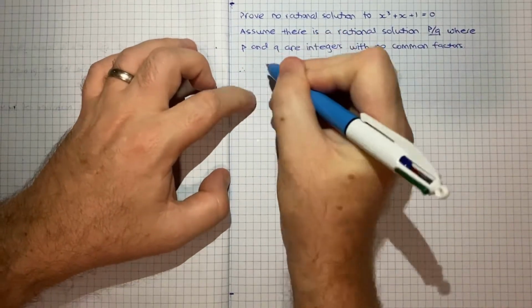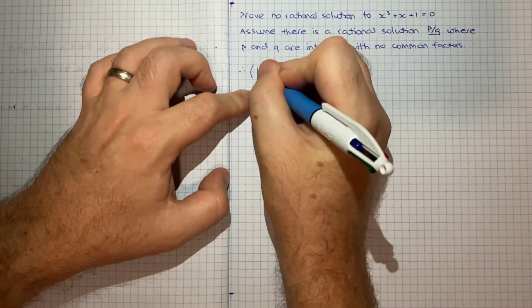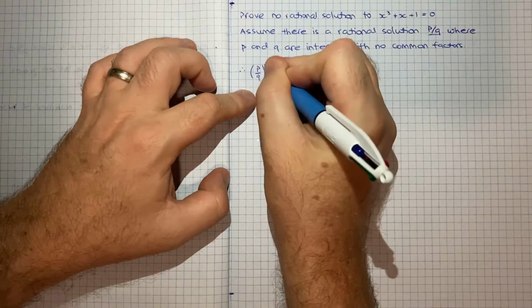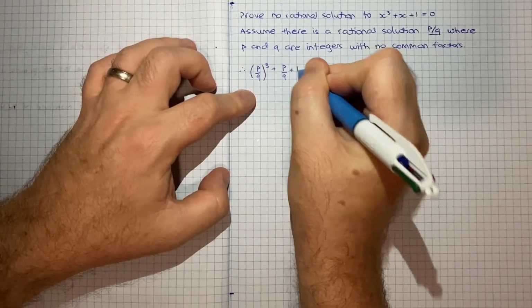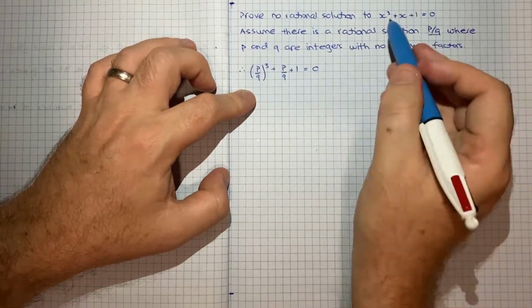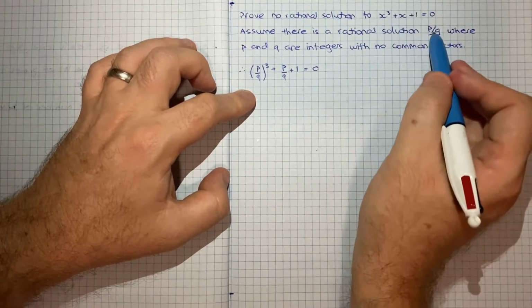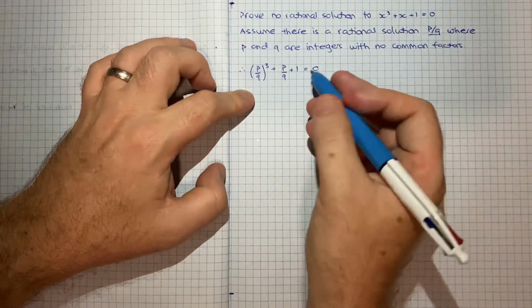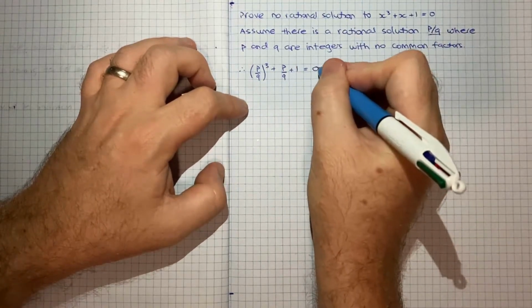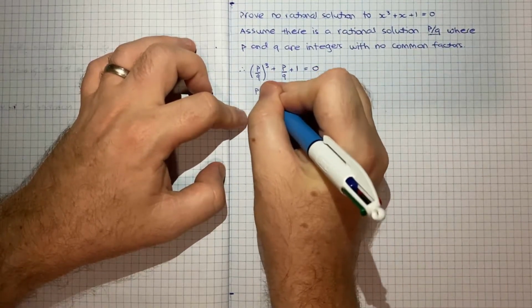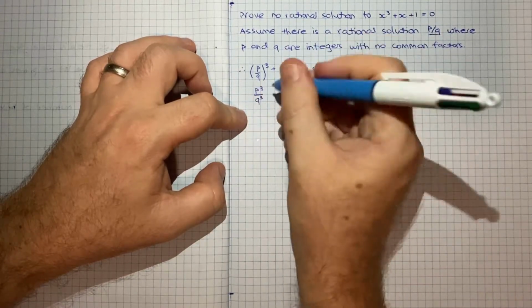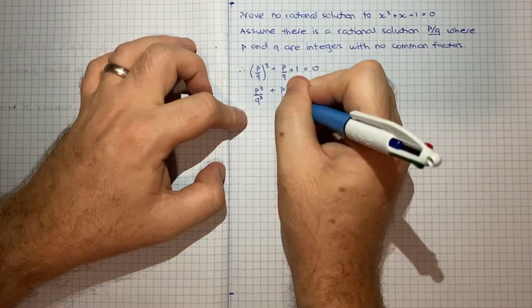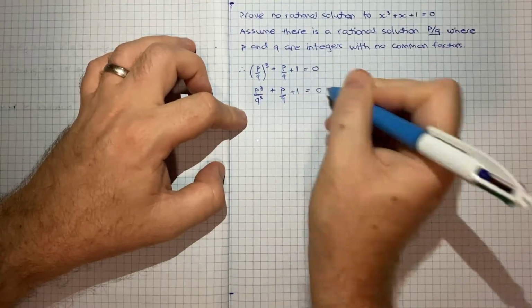So therefore P on Q cubed plus P on Q plus 1 is equal to 0. All I've done is wherever there was x, I just put P on Q. So now let's expand and simplify. We'll get P cubed on Q cubed plus P on Q plus 1 equals 0.